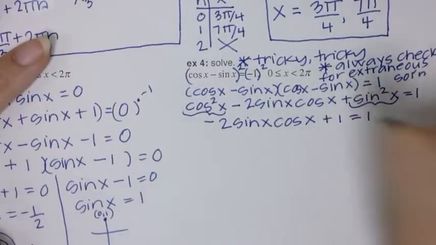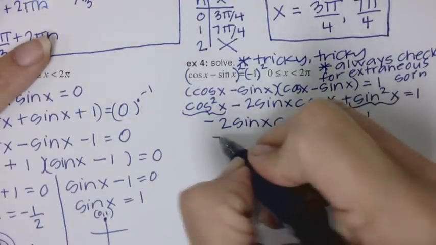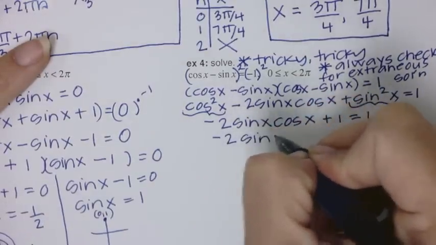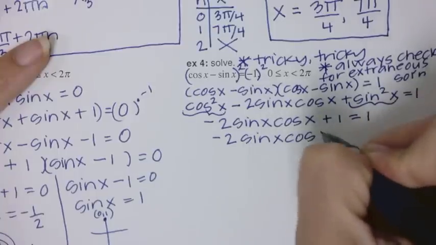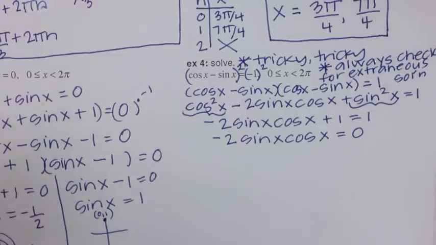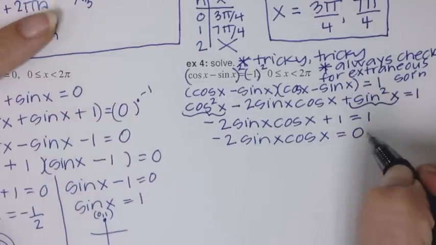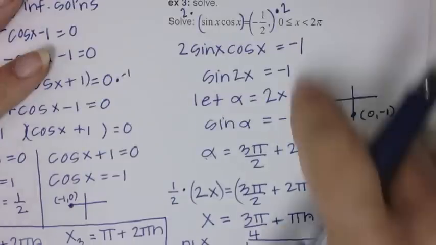So now what I'm going to do is get one side equal to 0, if I can, and in this case I can, because when I subtract 1 I get there. And this is where we can differ in our approach, and I'll show you both ways. So one person can go, okay, well this is equal to 0. This isn't equal to 1 like this problem up here.